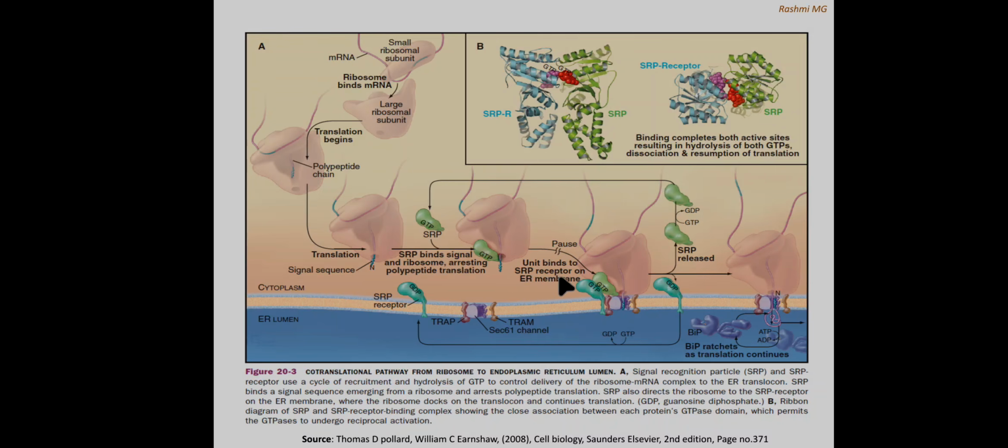The complex binds to the SRP receptor on the ER membrane. Then SRP is released by hydrolysis of GTP. Then the translocone is present, where the N terminal of the polypeptide will be entering into the ER lumen.